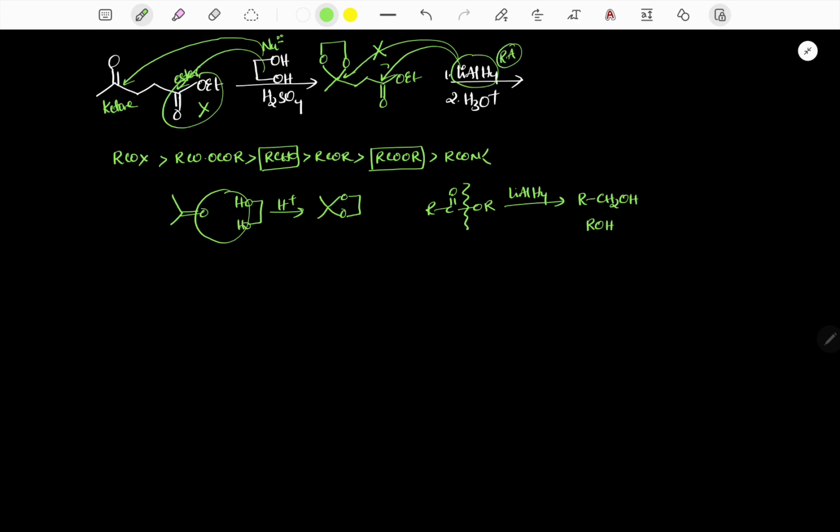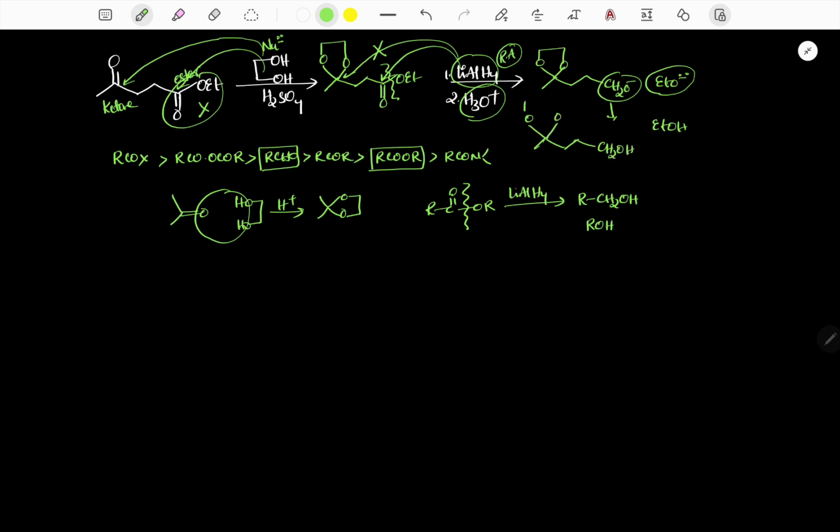Similarly here, this part undergoes reduction and gives CH2O minus, and the leaving group is EtO minus. After hydrolysis, this EtO minus will be converted to EtOH and CH2O minus will be converted to CH2OH.